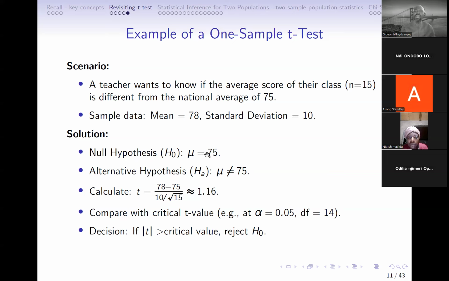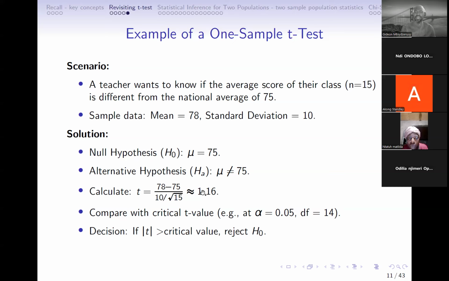Then we state that as a null hypothesis. Well, let's claim that the national average is 75. Then the alternative is that the national average is not 75. That's what we want to claim. And to verify this, we then calculate our t, because we're using t here since we do not know the national standard deviation, we get an approximate value for that.